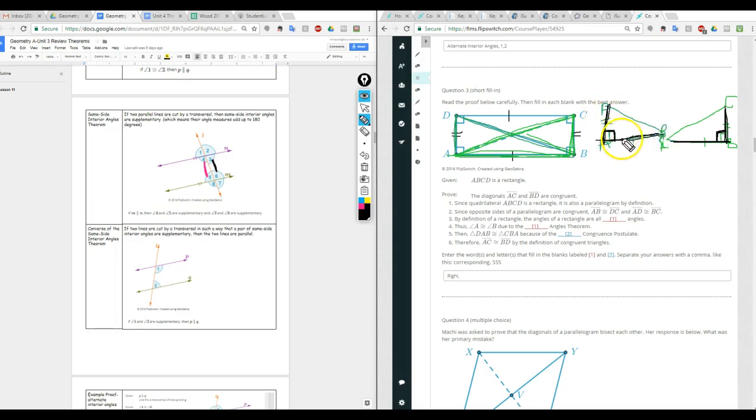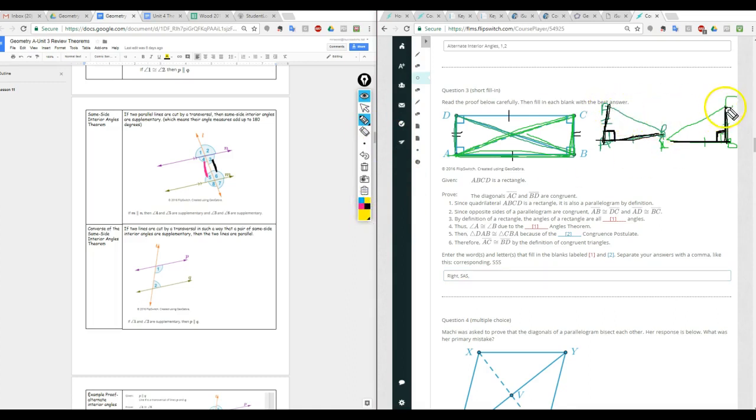So we have side, angle, side. Side, angle, side. SAS theorem. Okay, therefore, segment AC is congruent to segment BD.